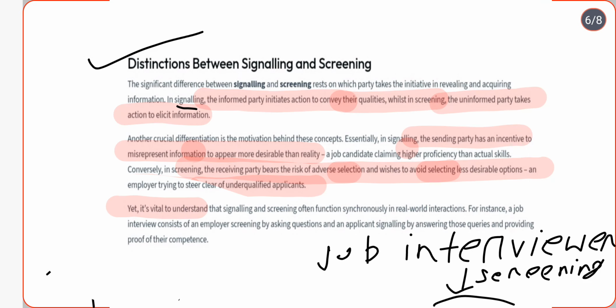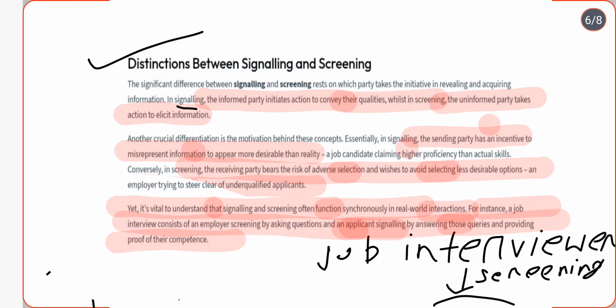It is vital to understand that signaling and screening often function synchronously in real world interactions. For instance, a job interview consists of the employer screening by asking questions and the applicant signaling by answering those questions and queries and providing proof of their competence. That means in a real world setting, signaling and screening go together and happen simultaneously.